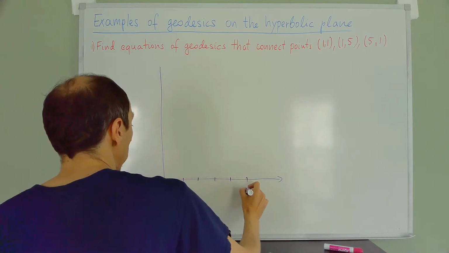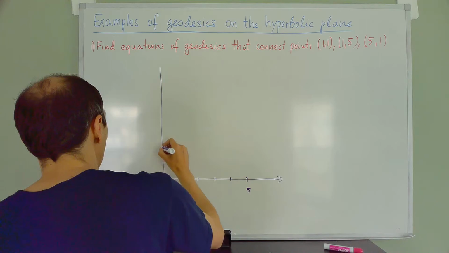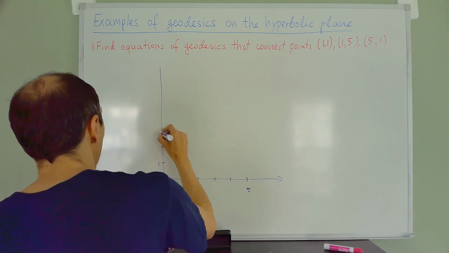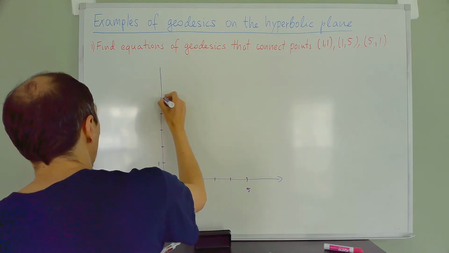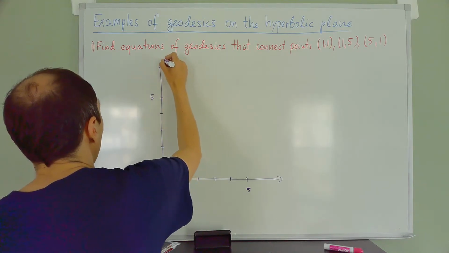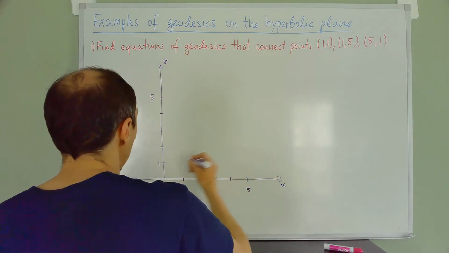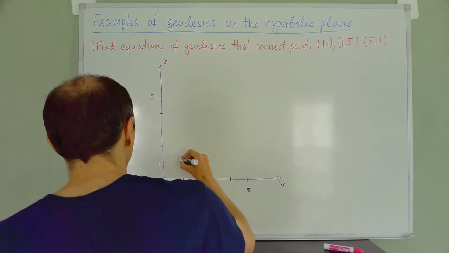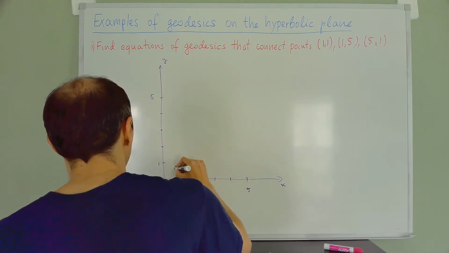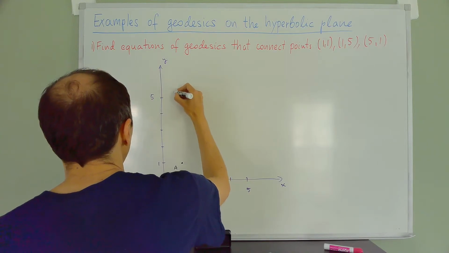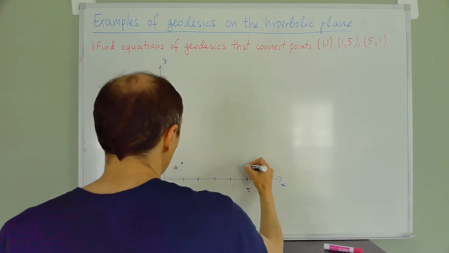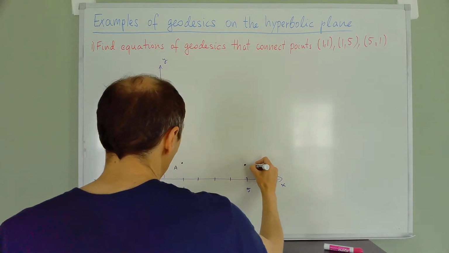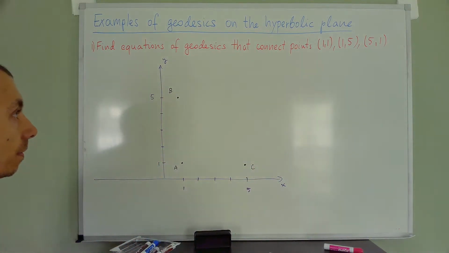So the points are here: 1, 1, that's A; 1, 5, that's B; and 5, 1, that is C.